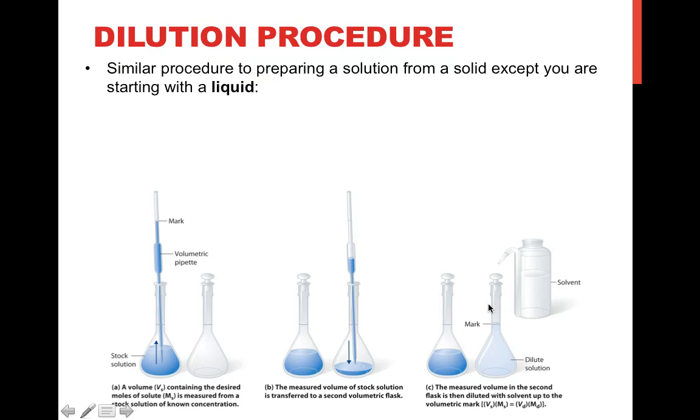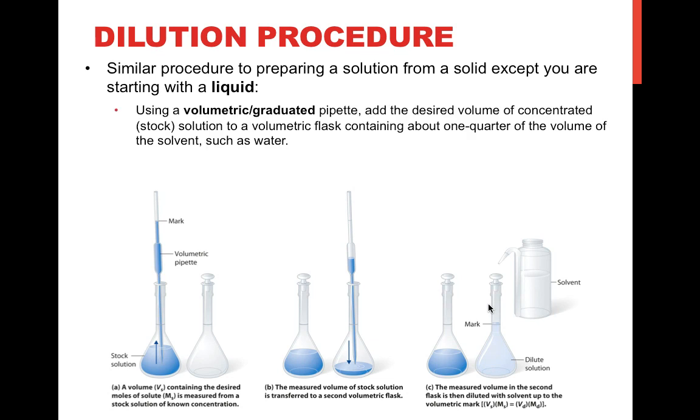So diluting a solution is very similar to preparing a standard solution from a solid. We're going to use our volumetric or graduated pipette to take the amount of solute that we need, which is originally dissolved in water and typically from a concentrated solution. We're going to add that to a volumetric flask that is already partially filled with a quarter of water.